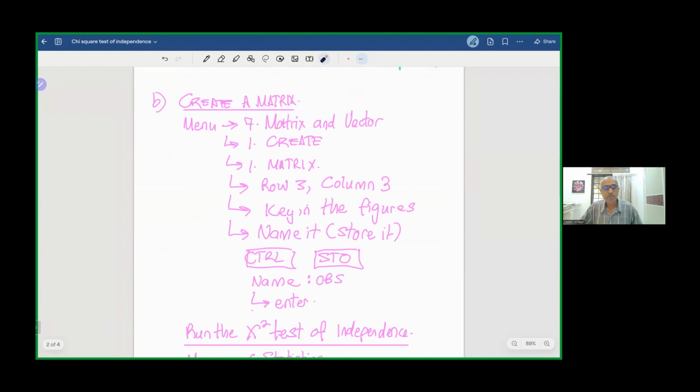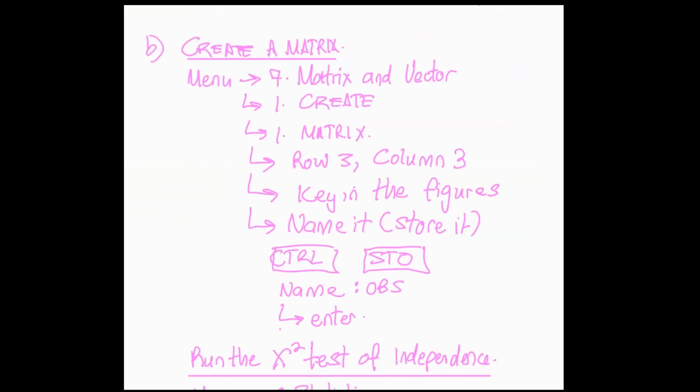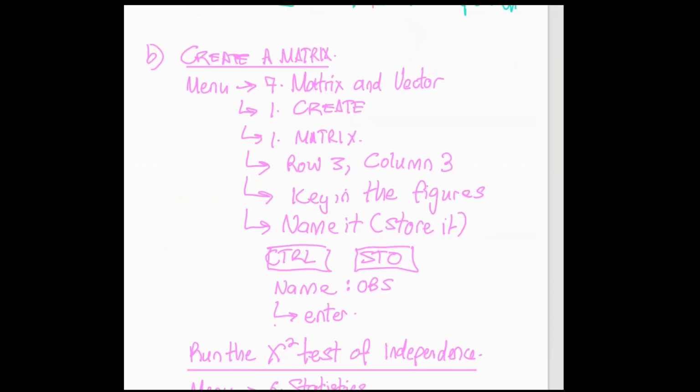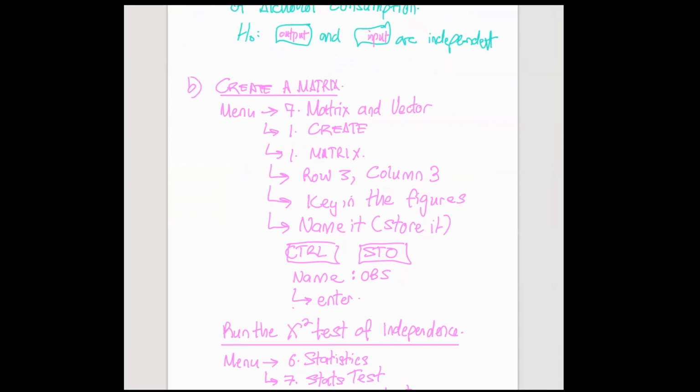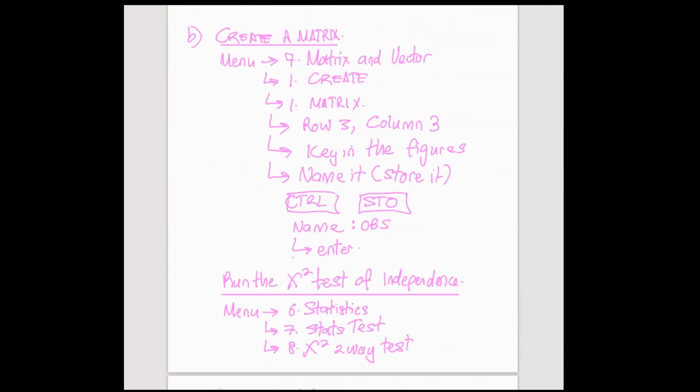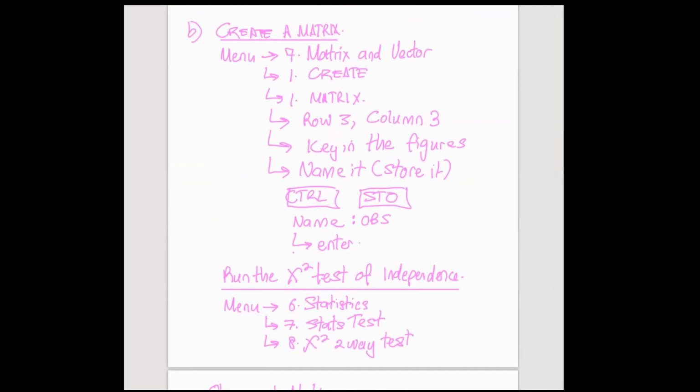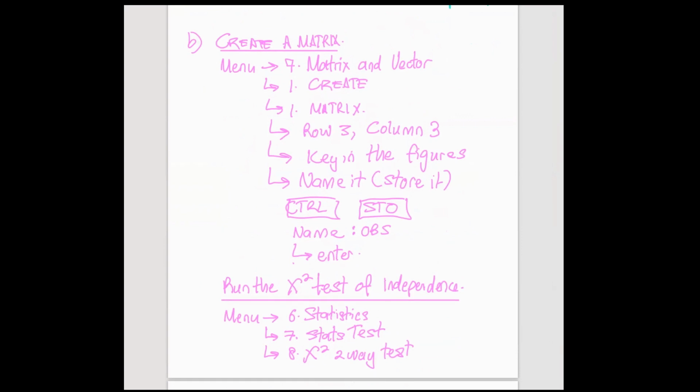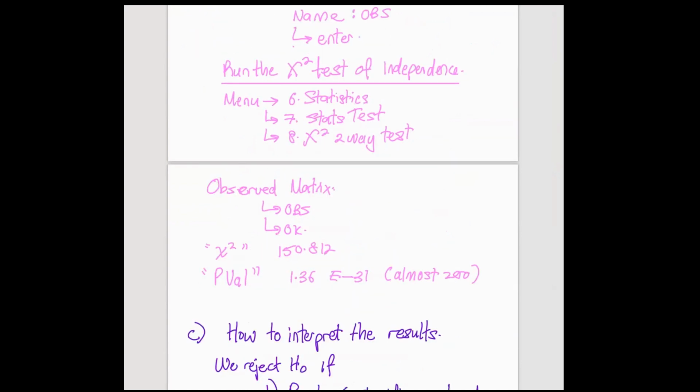The procedure that I explained to you just now, I've written it down. You can take a snapshot. Create a matrix, and here we save it. We call it OBS. Then we run the test. And we got our result.